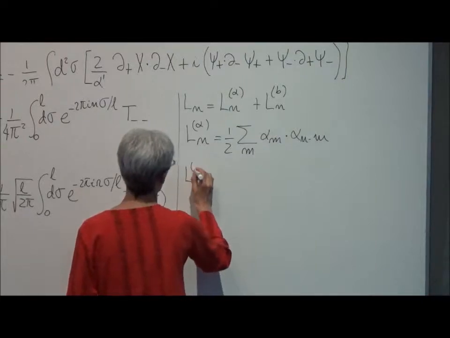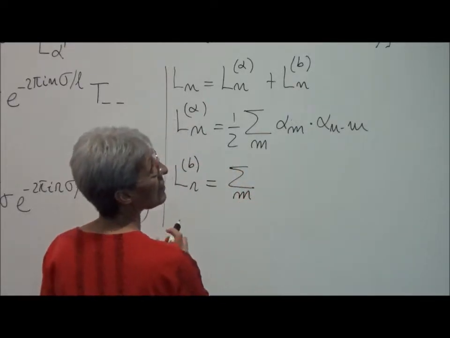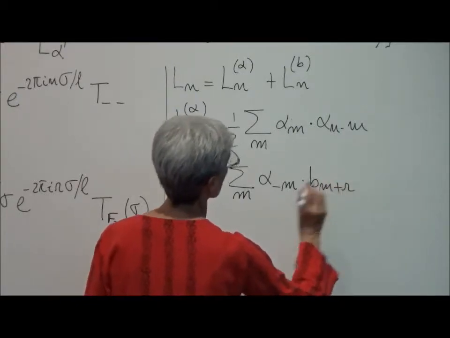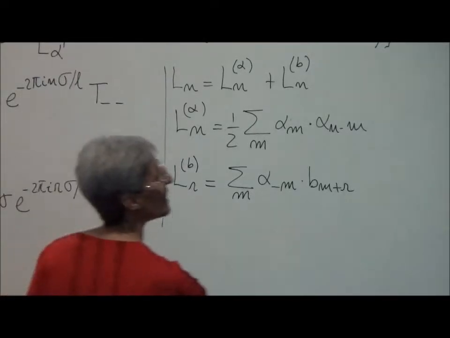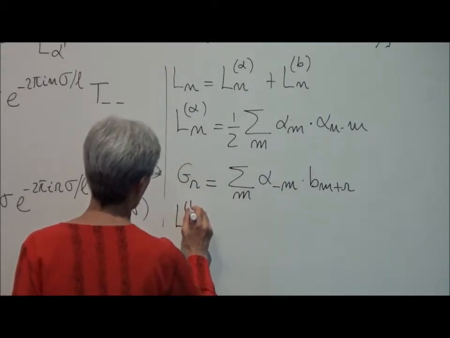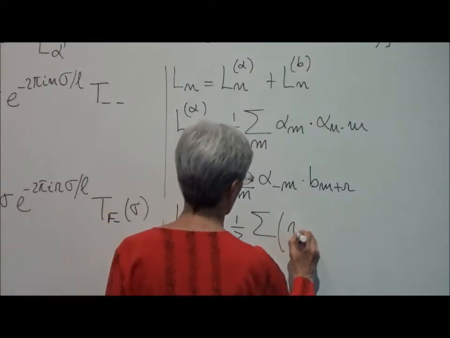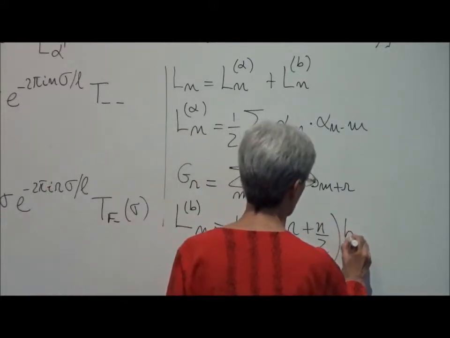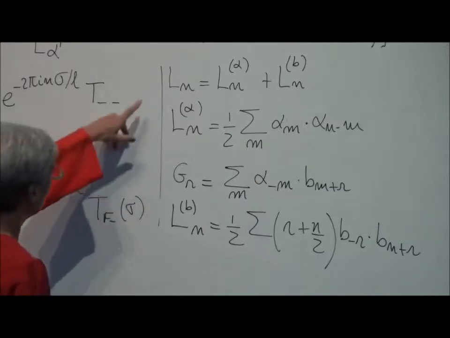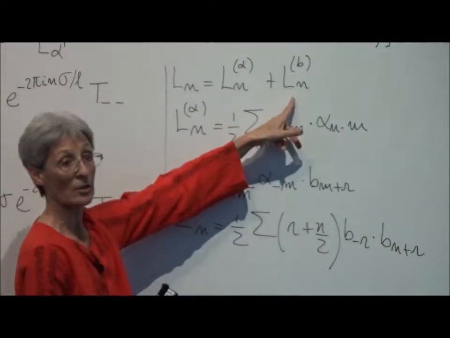And for the fermions, the Virasoro generators will be a sum of the contributions from the alpha oscillators from the X mu and the B oscillators from the psi mu.